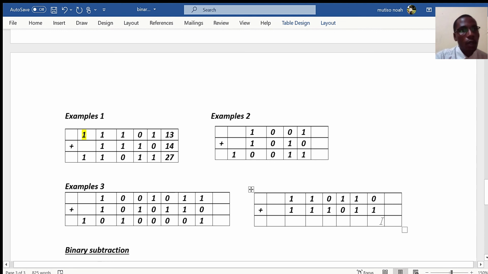Let us do the same very quickly to that one. 0 plus 1 is 1. 1 plus 1 is 0, carry 1. 1 plus 1 is another 0, carry 1. 1 plus 0 plus 1 is another 0, carry 1. 1 plus 1 plus 1 is 1, carry 1. 1 plus 1 plus 1 is another 1, carry 1.